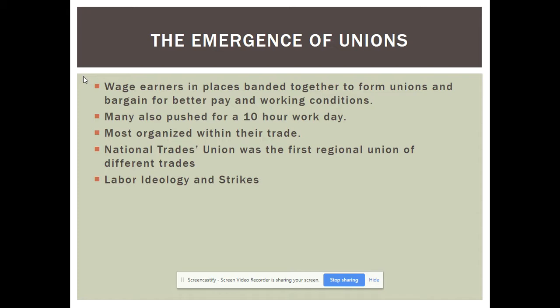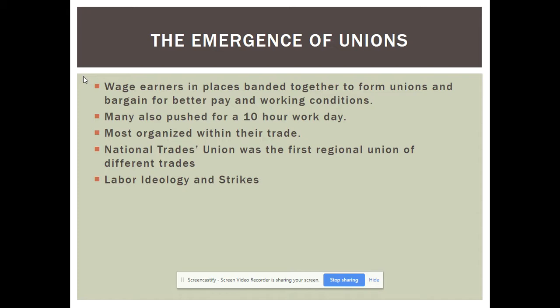When workers would try to go on strike, the factory owner almost always won. Later in American history, that's going to change. Let's say I, as an individual, am unhappy at work and I complain: my pay is terrible, these hours are ridiculous, these are terrible work conditions. Well, the boss would be like, all right, you don't like it, get rid of you, you're fired.